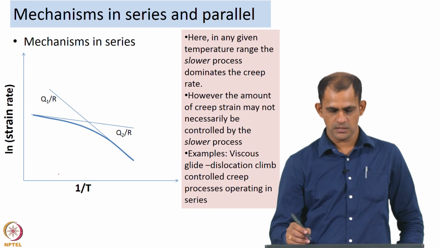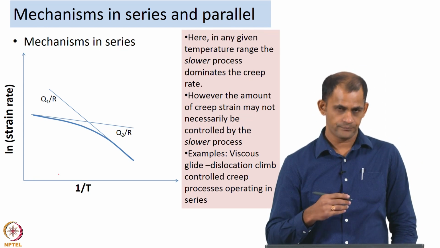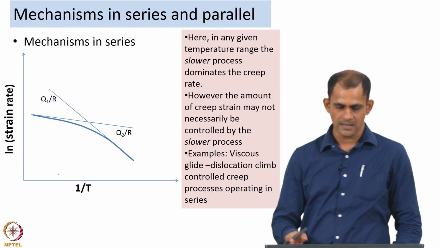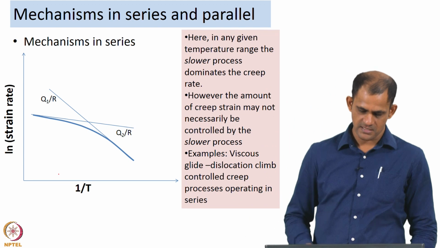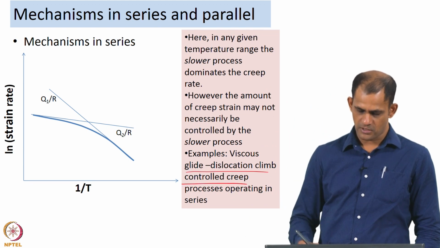So, here the slower process dominates the creep rate, and the creep contribution could still come from the faster process. An example of mechanisms in series is viscous glide and dislocation glide-climb controlled creep, both operating in series.